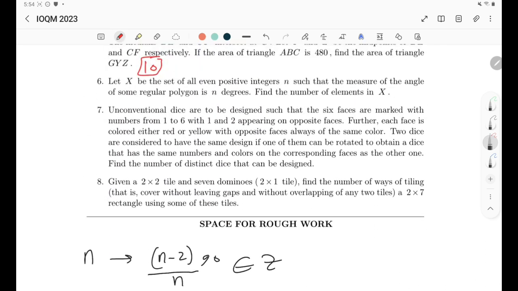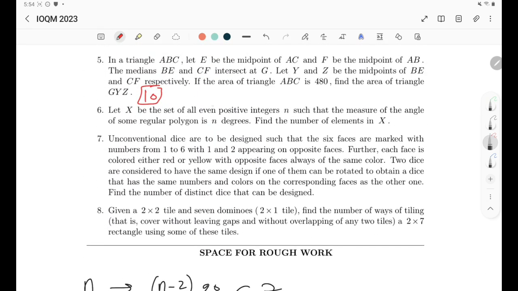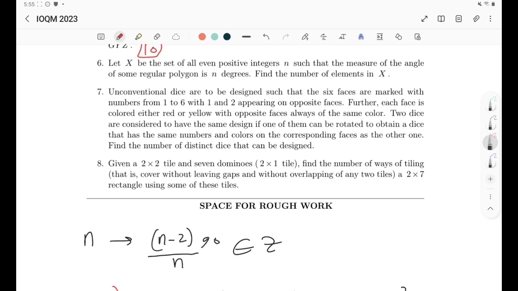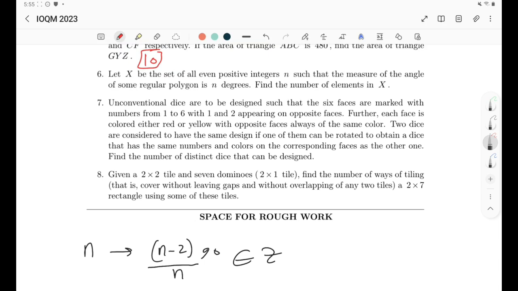Be careful. Here, the question is asking us to find, like we know that it's an n-gon, a regular n-gon. What does that mean? Think about it. Can you have a regular n-gon when n is 1 or when n is 2?